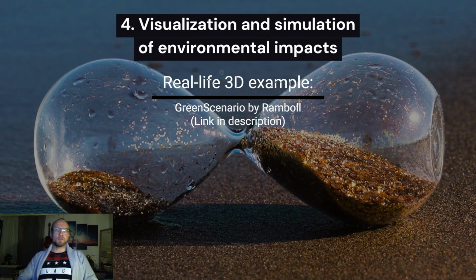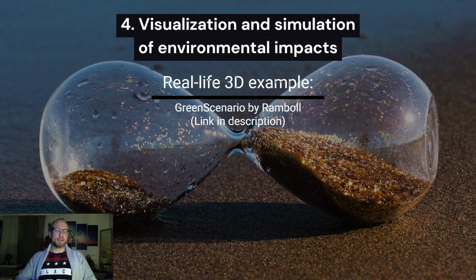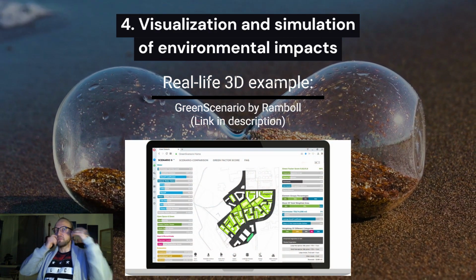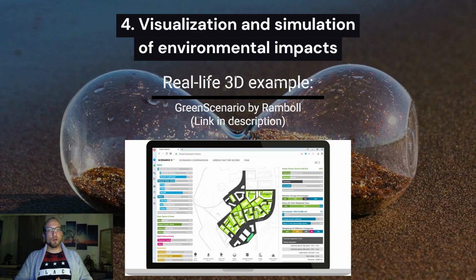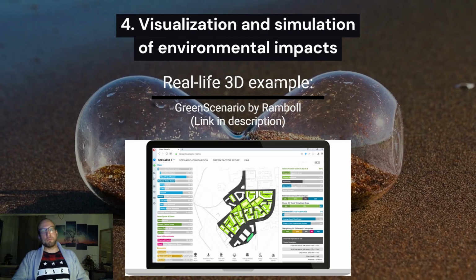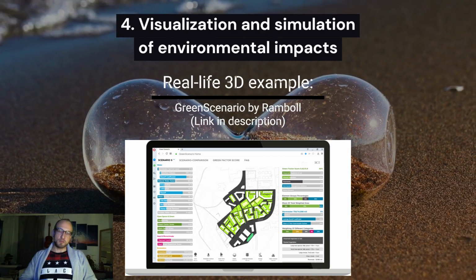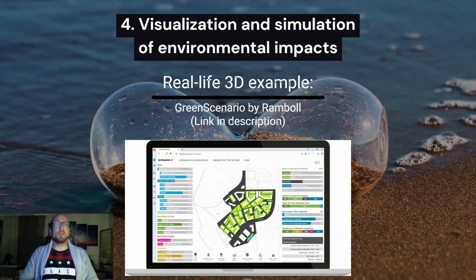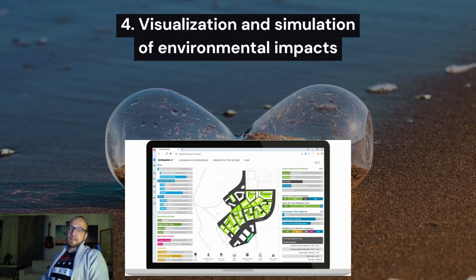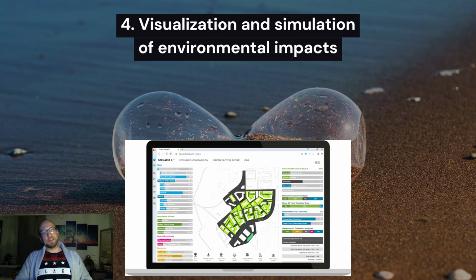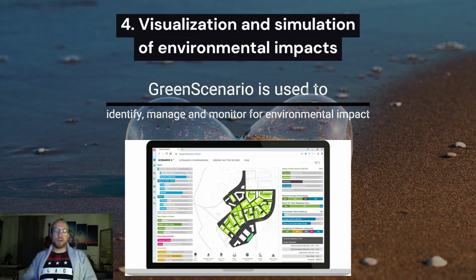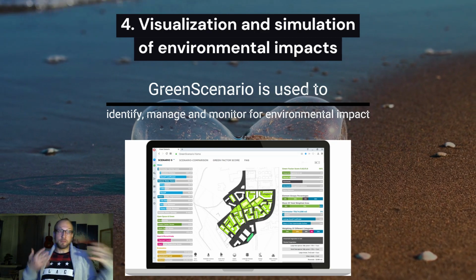So one concrete real-life example of this is an approach called Green Scenario. So it's a sustainability platform that is developed by Ramboll, which is a global engineering and consultancy company that specifically focuses on the sustainability matters. And they have this comprehensive approach to sustainability, which helps companies so that they can both identify and manage their environmental impacts and also prepare for them.